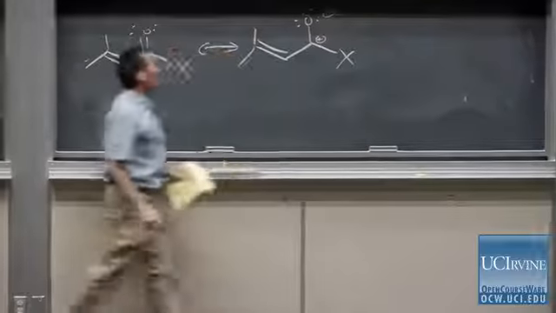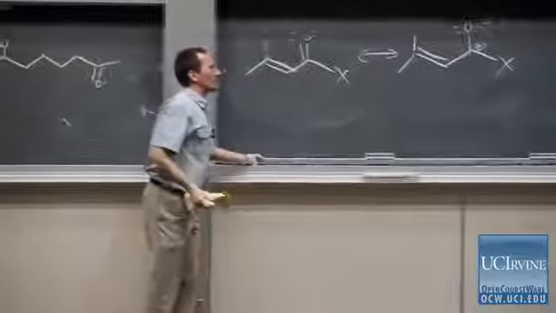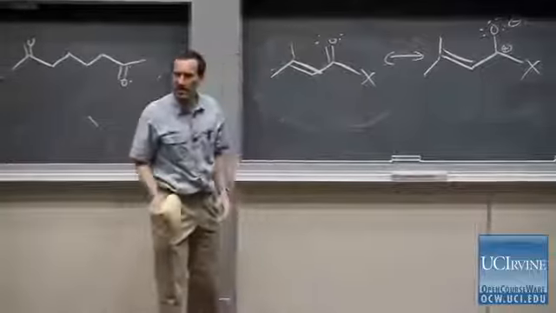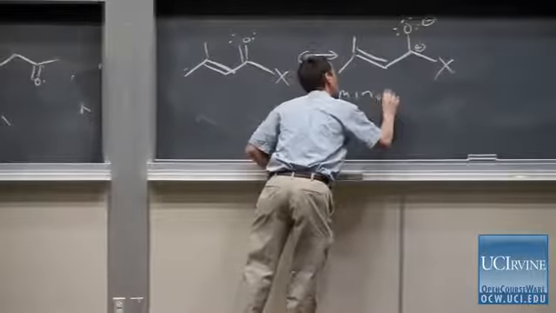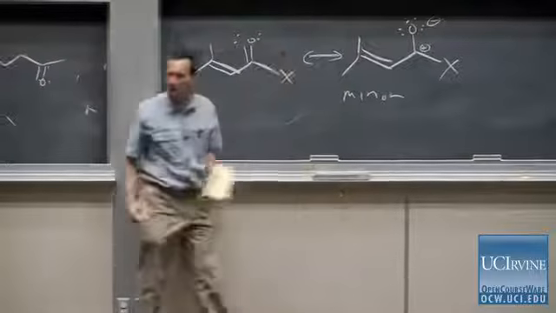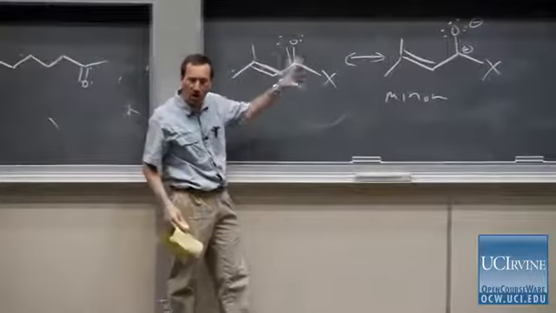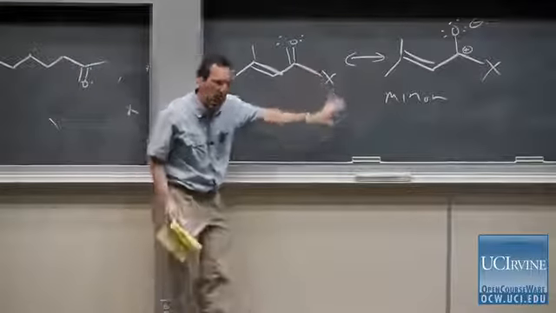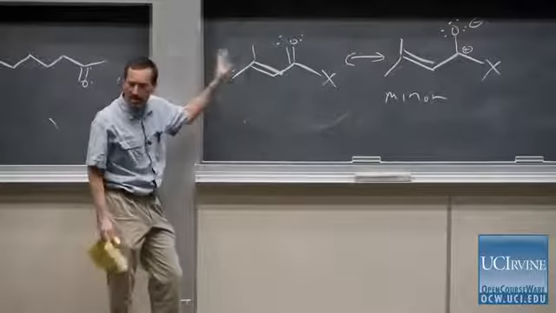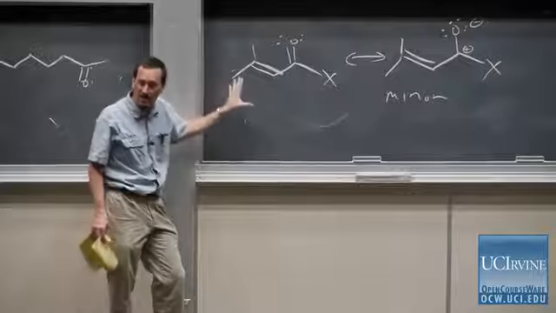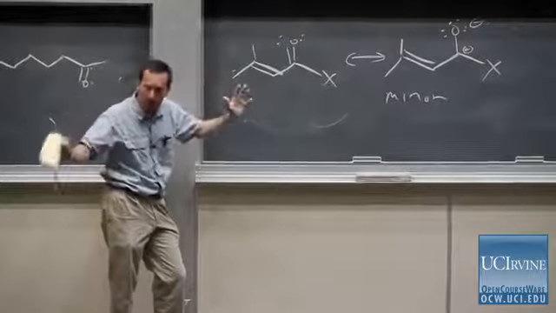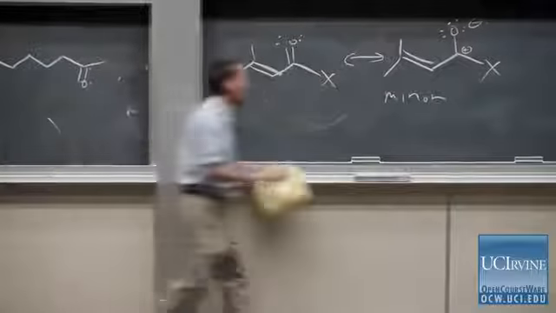It's a minor resonance structure because the carbon doesn't have a complete octet. It's really not a very good resonance structure. It just represents a small fraction of the picture of the molecule. Remember, resonance structures aren't one or the other. It's not oscillating between them. It's both at the same time.